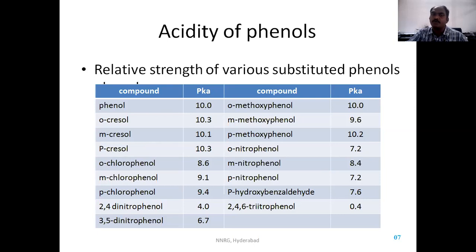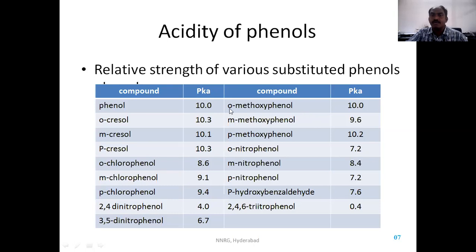Here we need to talk about the withdrawing effect. It will try to withdraw the electron cloud from the aromatic nucleus, so it increases acidity. Compared to phenol, these are 8.6, 9.1 and 9.4. So ortho is pulling the electron cloud more. Orthochlorophenol has more acidity than parachlorophenol and metachlorophenol.